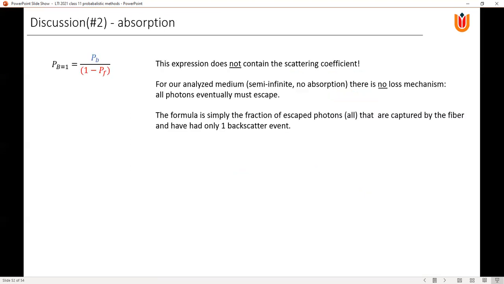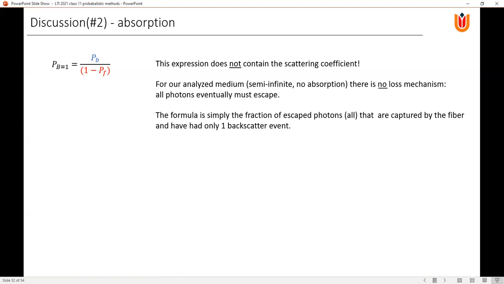The second point is that this expression does not include the absorption coefficient yet. Well, it says scattering coefficient here. I mean absorption coefficient. So if we only consider scattering, then scattering is only redirection, so there is no loss mechanism.